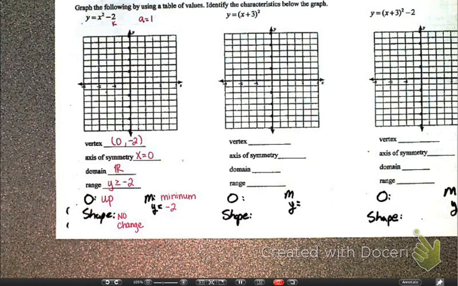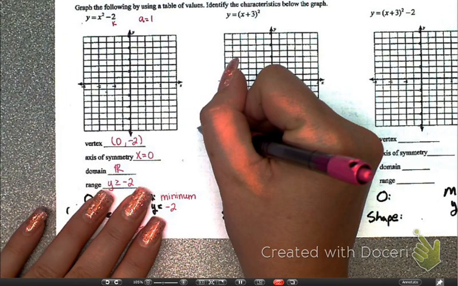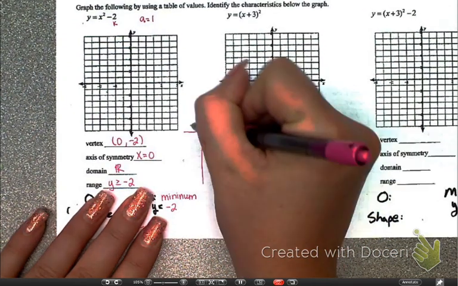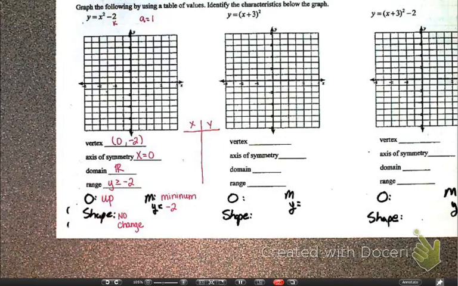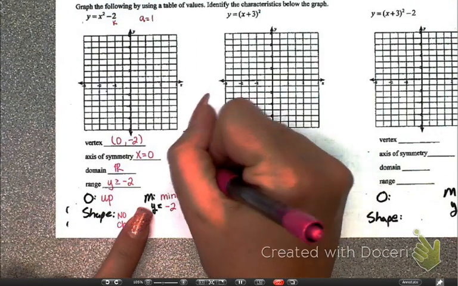But here's why we have to find some of this information first. Yesterday, I gave you a table of values of -2, -1, 0, 1, and 2. That will not always be your table of values. Sometimes it will, sometimes it won't. Here's what I want you to do to create your table of values. So draw your table. Our middle point is going to be the vertex.